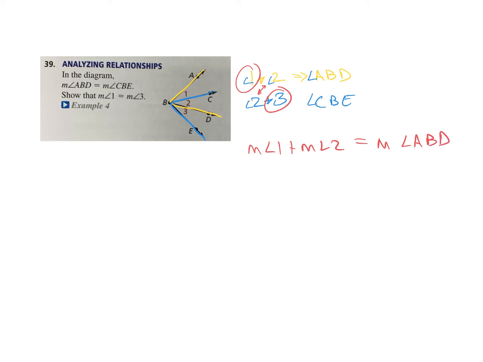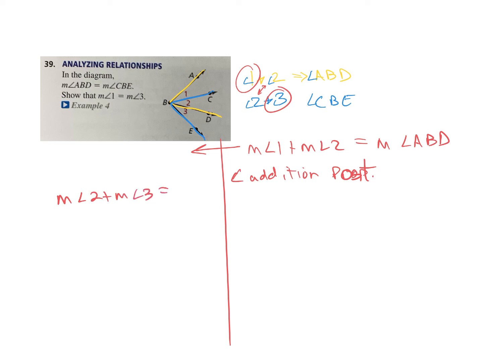That would be angle addition postulate. We're adding two angles together. Then the measure of angle 2 plus the measure of angle 3 is equal to the measure of angle CBE. Again, angle addition postulate.